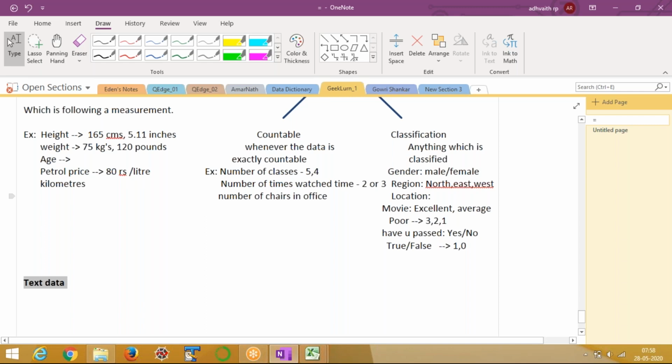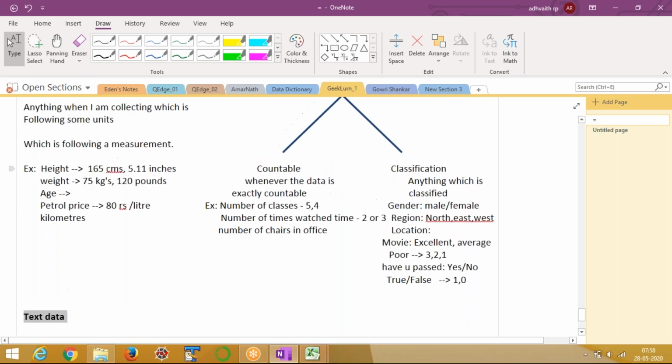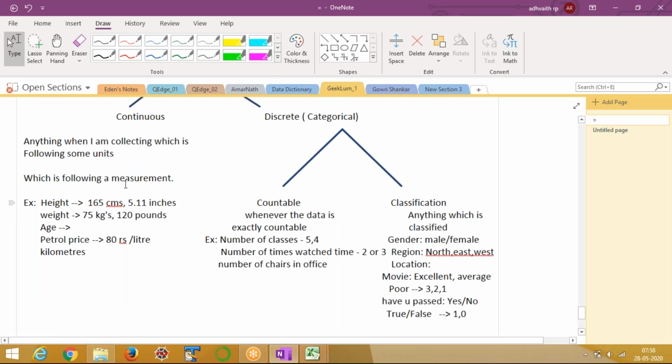However, whatever data you give me, I will convert it and understand what pattern it is following. If I understand the pattern, my analysis steps become very easy. Is it clear, guys?